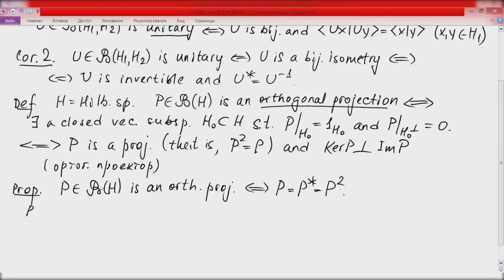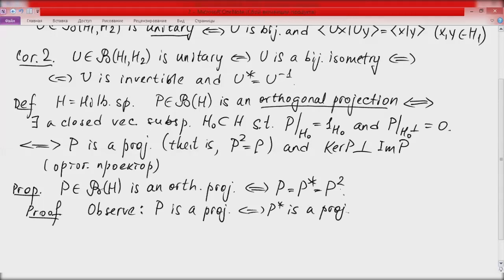To prove this result, we first observe that P is a projection if and only if P star is a projection. That is, P is idempotent if and only if P star is idempotent. This is clear. So we have to show now that a projection is orthogonal if and only if it is self-adjoint.